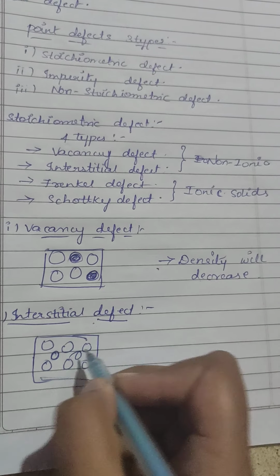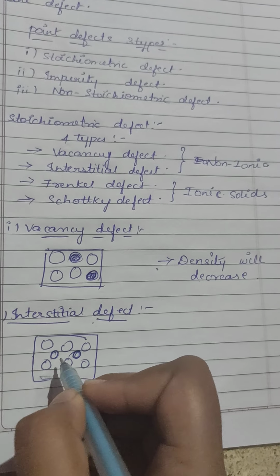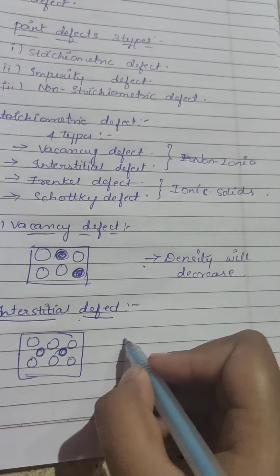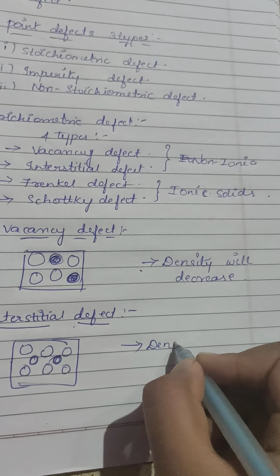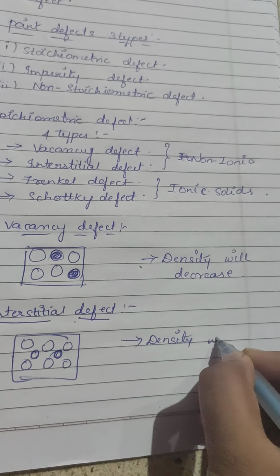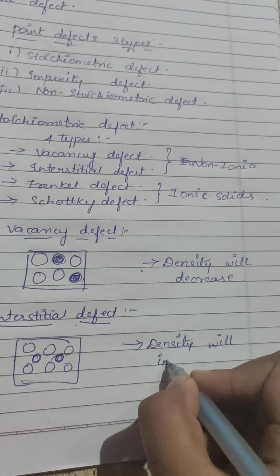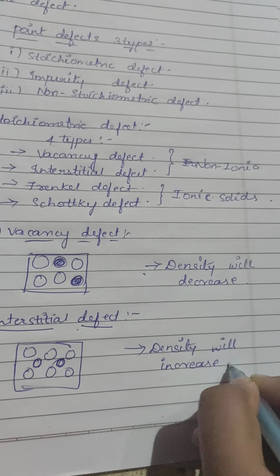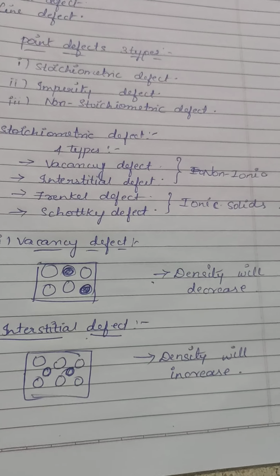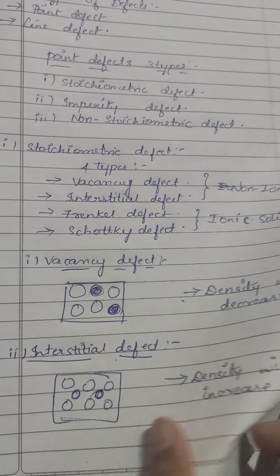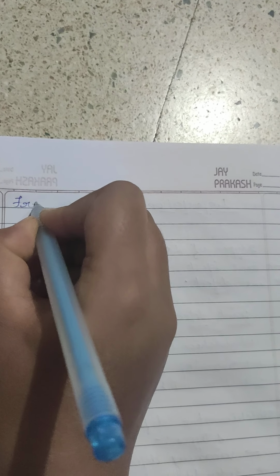This is the interstitial space, with an atom occupying the interstitial spaces. So when an atom is added, the density will increase. So this was about vacancy defect and interstitial defect. They will be found only in non-ionic solids. Next, we discuss Frenkel defects and Schottky defects, which are found in ionic solids.